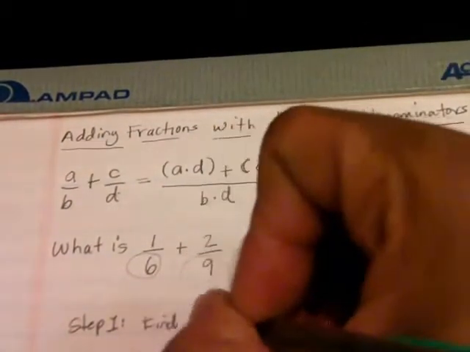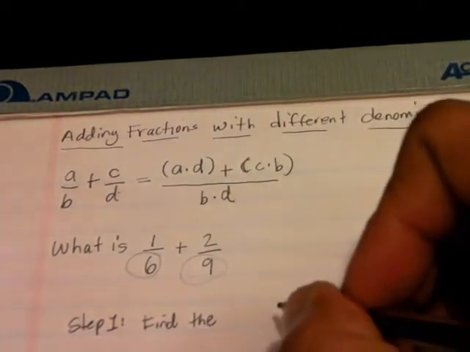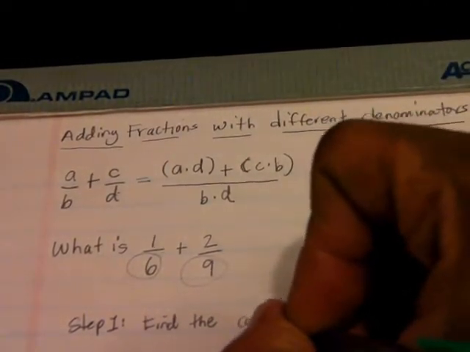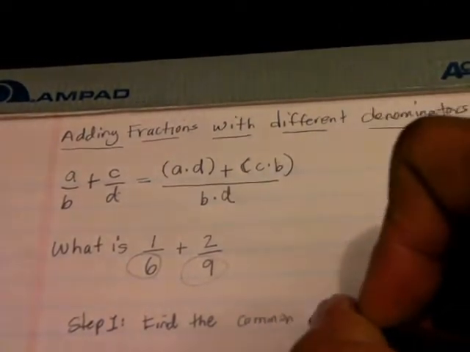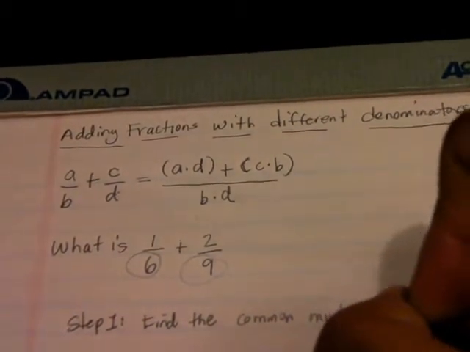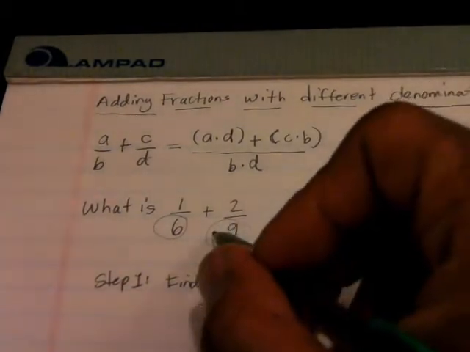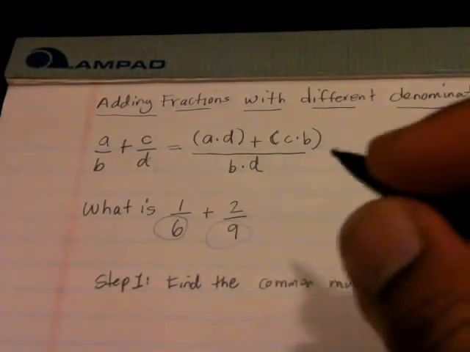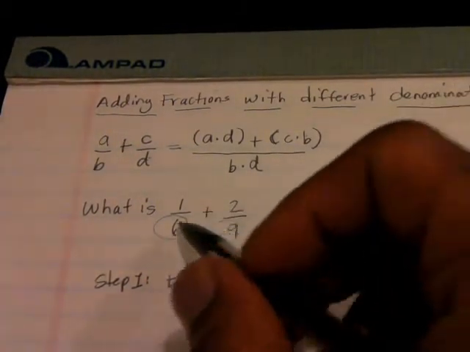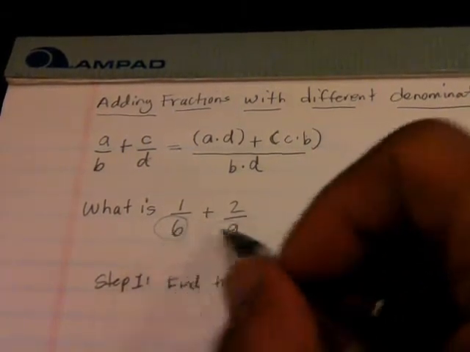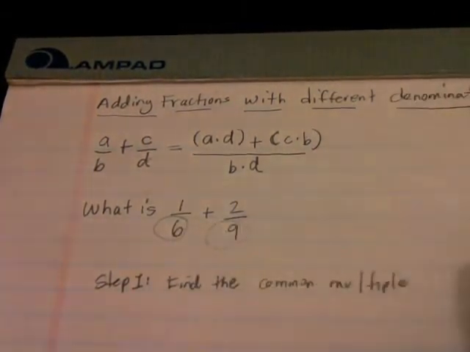So when you find the common multiple, you're going to determine what two factors you can use to create your new denominator.